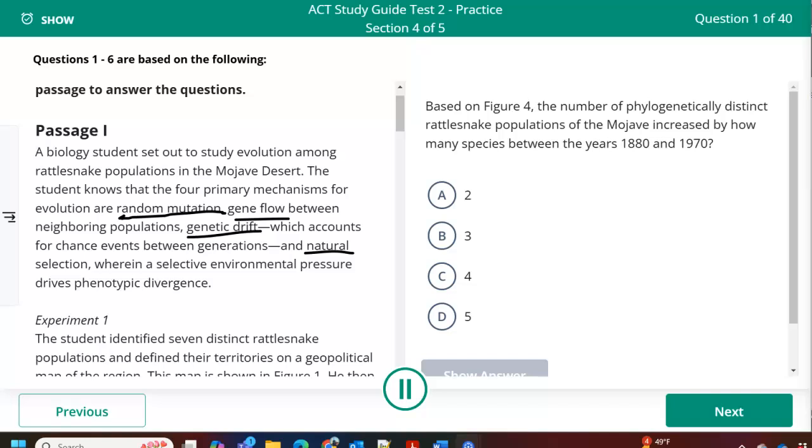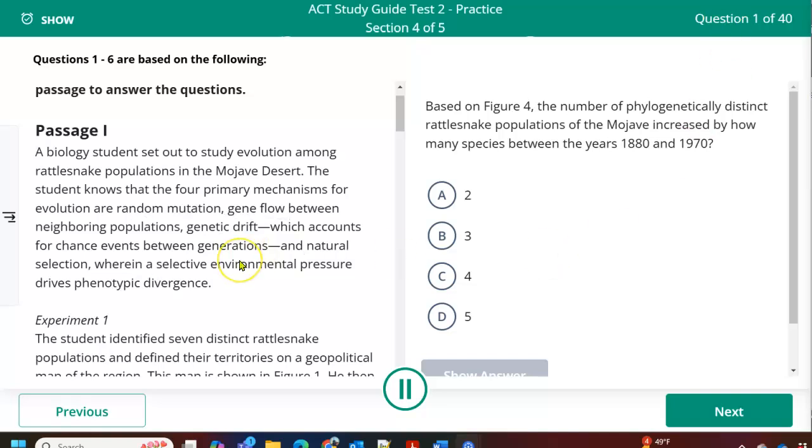Now, I can't really do this on the practice test because I'm not writing on the page. I'm writing on the screen, and so I can't scroll and write because the notations are not actually on the page. So we can't do that.